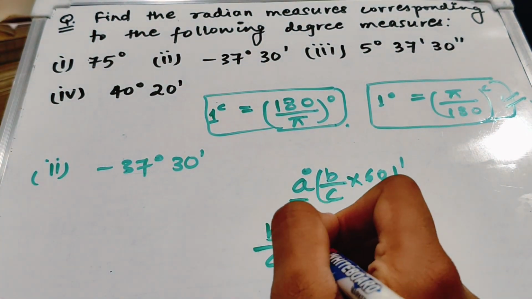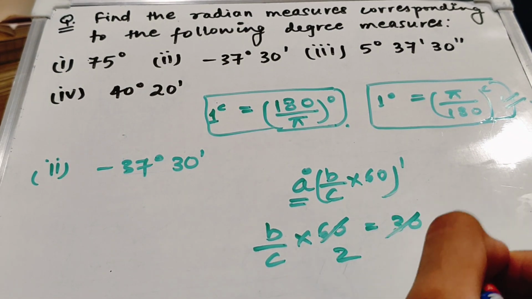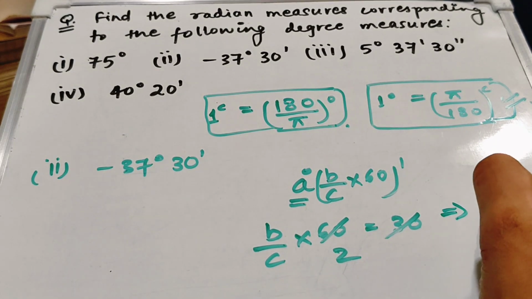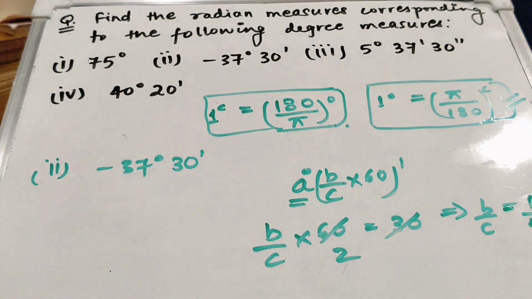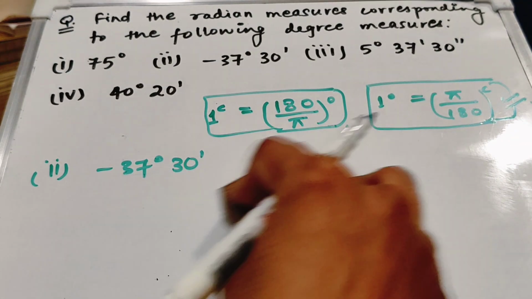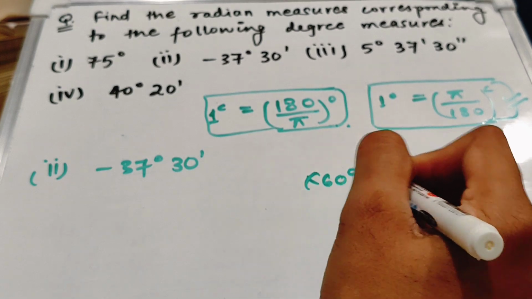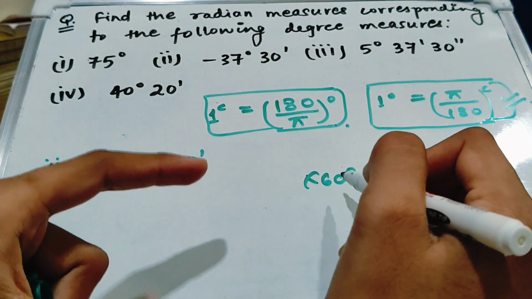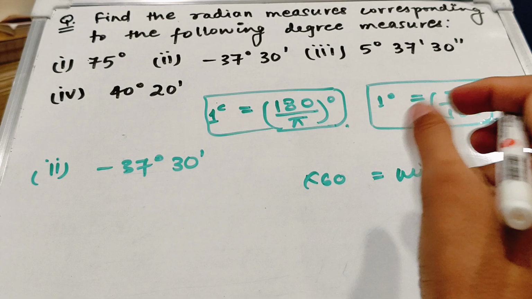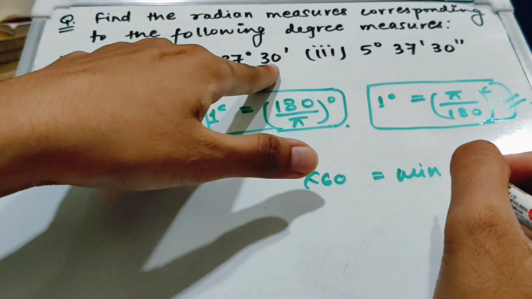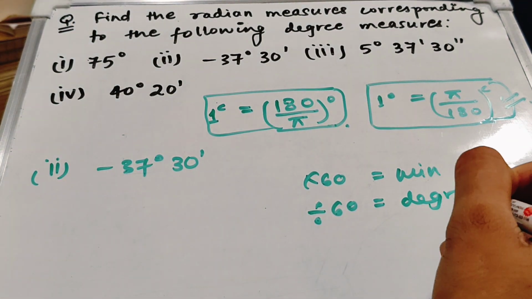B by C into 60 is equal to 30. So I can cancel this by 2, which implies that the B by C that I am looking for is 1 by 2. Or if this was confusing to you, then simply, if you have seen the last video, you know that the fraction on multiplying with 60 gives me minutes. So now I have minutes and I will divide it by 60 to get it in degrees. Very simple, right?